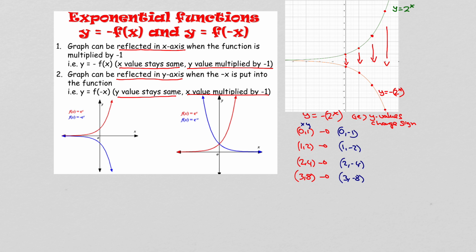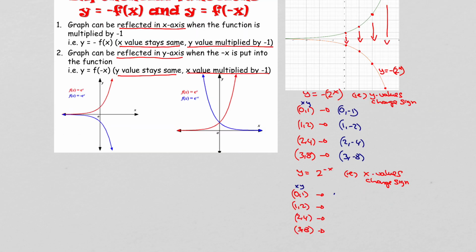So if we were to do the same then with y equals 2 to the minus x, then what happens is the x values change their sign. So for the x values change the sign, we have 0, 1, minus 1, 2, minus 2, 4, and minus 3, 8.